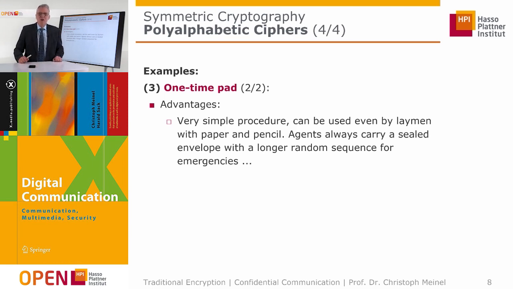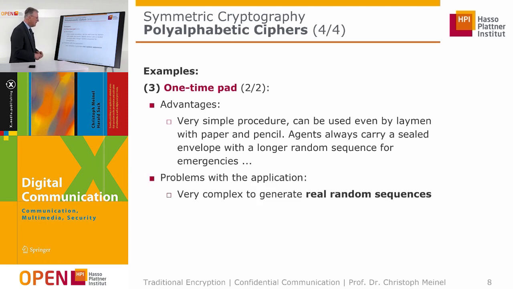Agents always carry a sealed envelope with a longer random sequence they got from their agency, and if they have a message, they take this random sequence and encode the plain text.